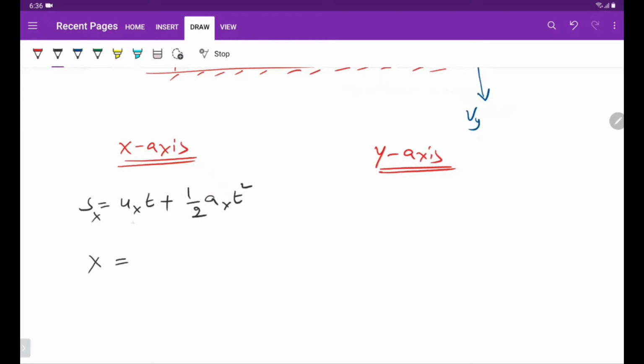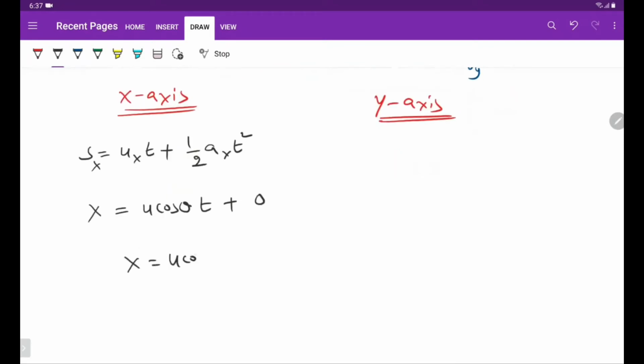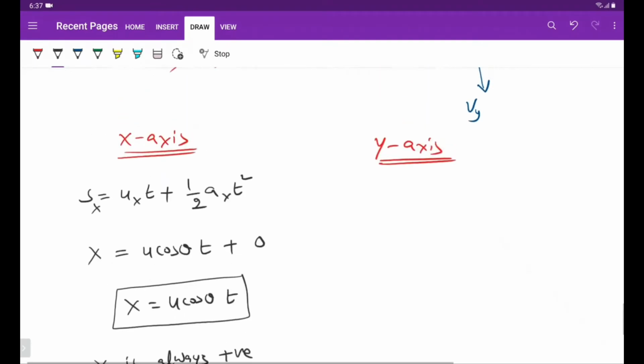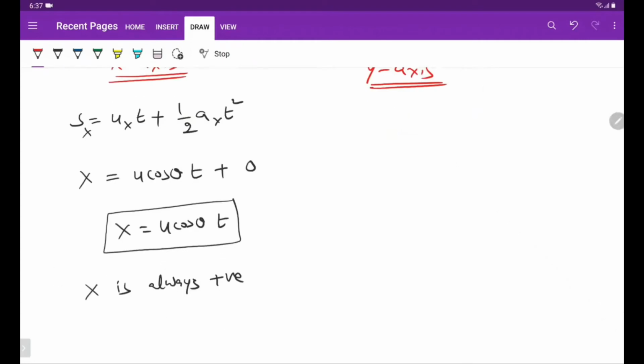So Ux is u cos theta, and ax is 0, so x is equal to u cos theta into t. The particle moves right, so x is always positive. This is a very important point.